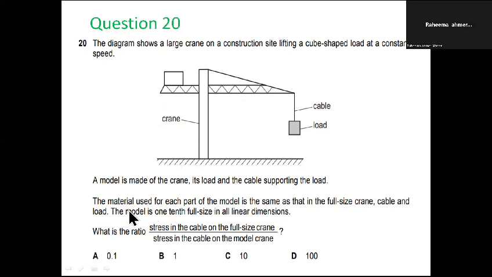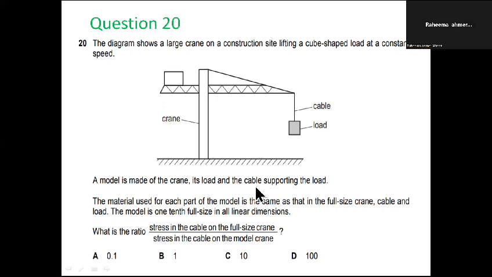The model is 1/10 full size in all linear dimensions. This means that all linear dimensions, such as length, height, width, breadth, are all the measurements that we just take by a scale, or just measure. We don't do any process, or use a processed quantity.